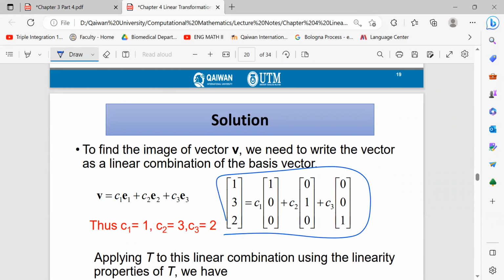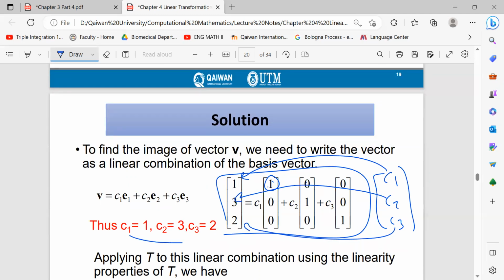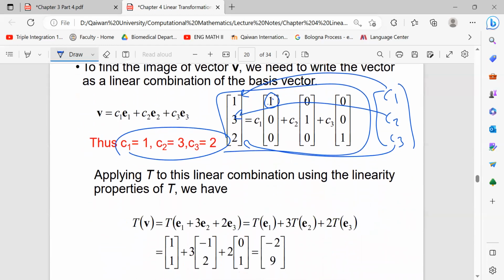Okay, and here we get only one vector. So it's C1, C2, C3. We get that. What's C1? What's C2? What's C3? So these are C1, C2, and C3.